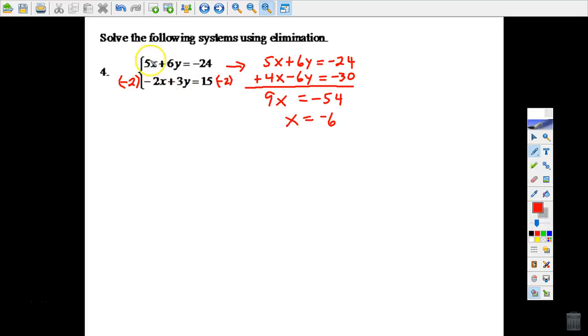So maybe we'll go to the top equation. 5 times negative 6 plus 6y equals negative 24. Negative 30 plus 6y is negative 24.